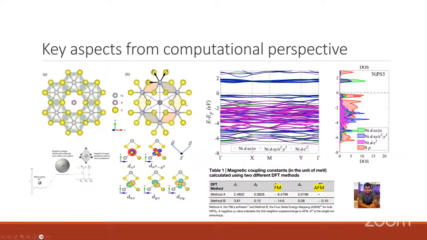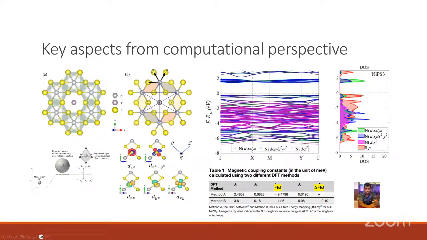However, the most important conclusion we get from the DFT simulation is that the J1, J2, J3 couplings have different behavior, each either ferromagnetic or antiferromagnetic.